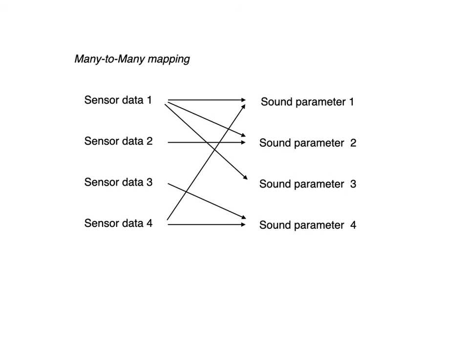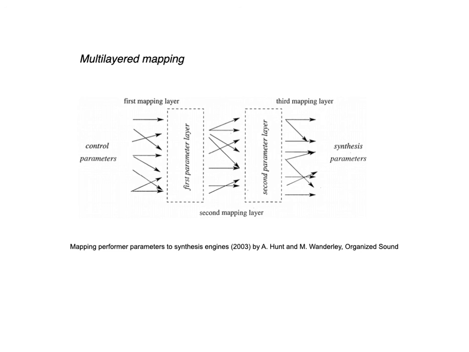And finally, in many-to-many, you have a more complex system where you observe a combination of all mapping strategies, from one-to-one to many-to-one or one-to-many. They will be used in combination. There may also be more complex systems with multiple layers of parameter mapping.